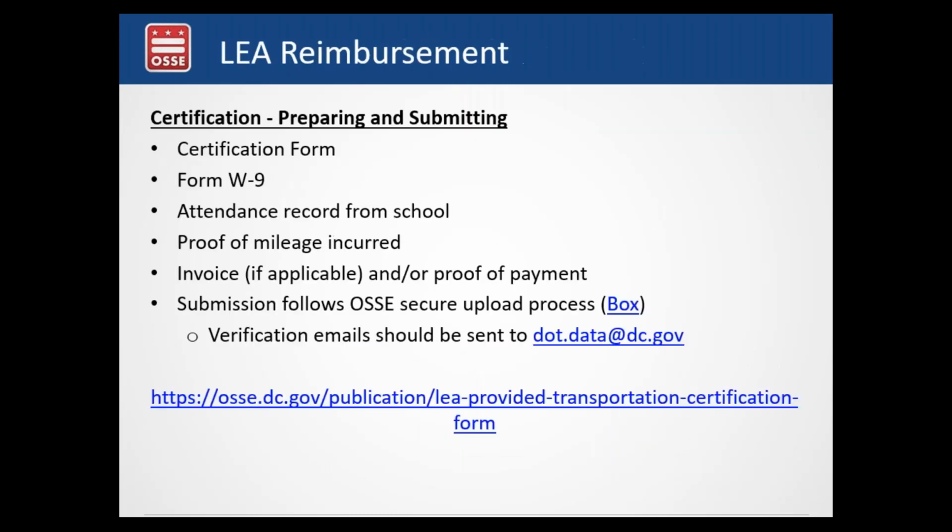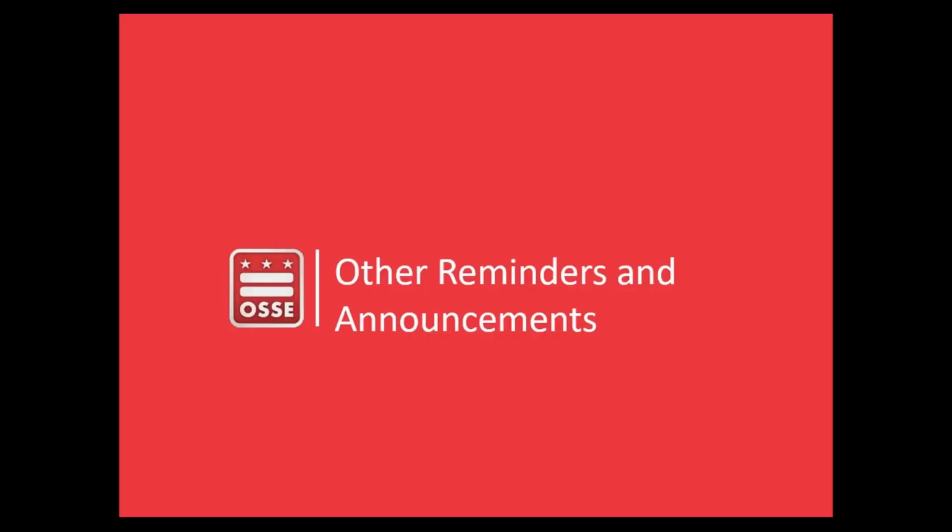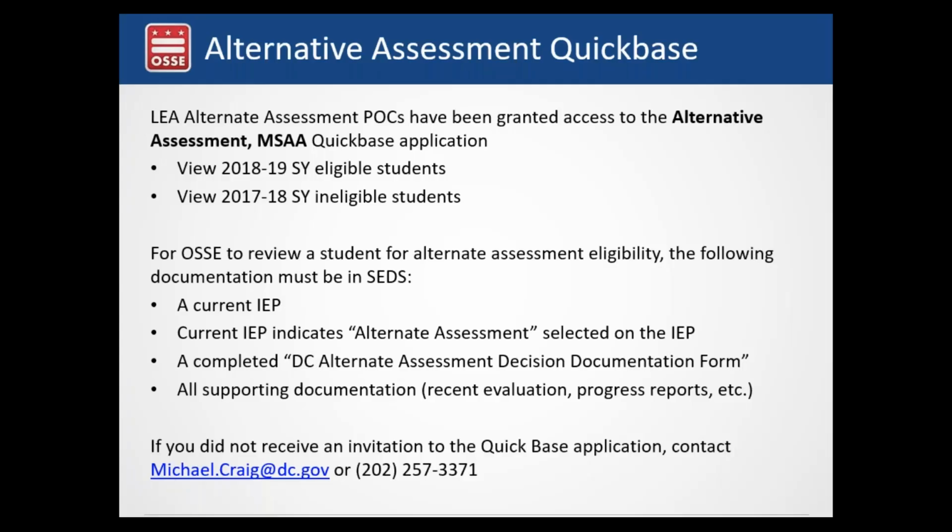Great, thank you, Doug. We will now turn over the rest of the time, and we may go over time just a couple minutes, but this next section is very important as it is going to talk about the alternate assessment eligibility process. There is an updated timeline for this year.